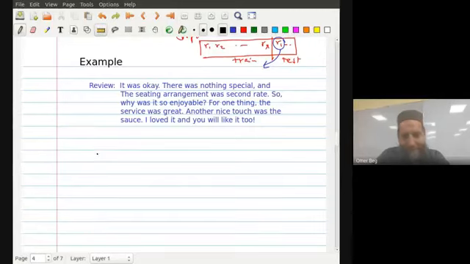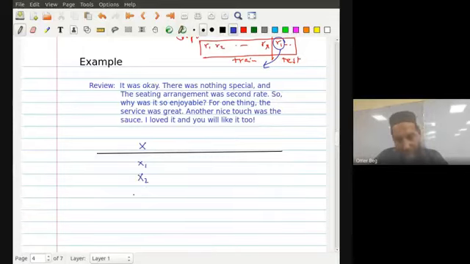So I'm going to list some features called X. So I have X1, X2, let's say I have a few features X2, X3, X4, X5, X6, and I'm going to explain these features because we want to extract these features from the document.